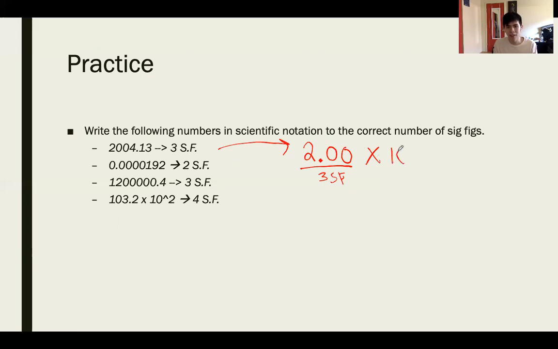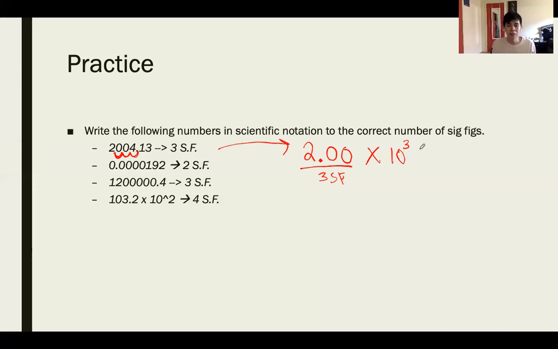Times 10, we have to see how many spaces the decimal place moved over. And we can see that it moved 1, 2, 3 to the left. So we're going to have an exponent of 3.